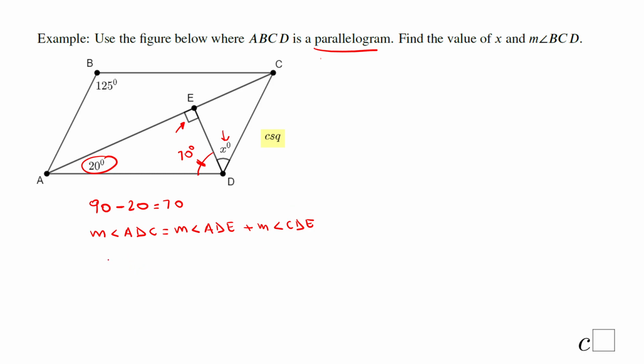Well, angle ADC is what? It's 125 degrees, right? Because it's congruent to this one, angle B. They are opposite angles. And now we also know that ADE is 70. We did that a moment ago.